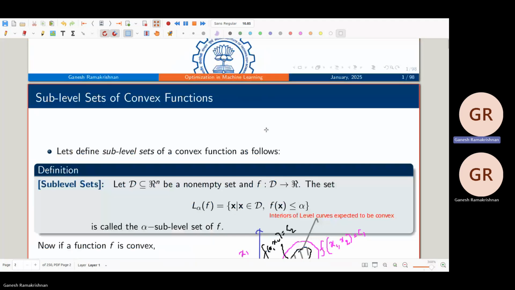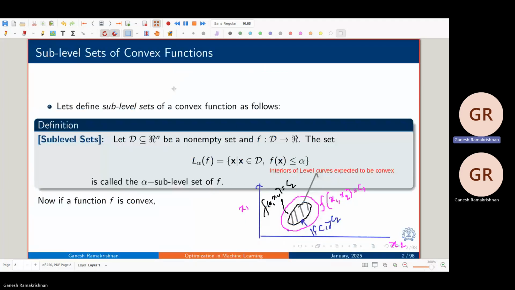Question is, is convexity of sublevel sets equal to function convexity, right? This was a question.